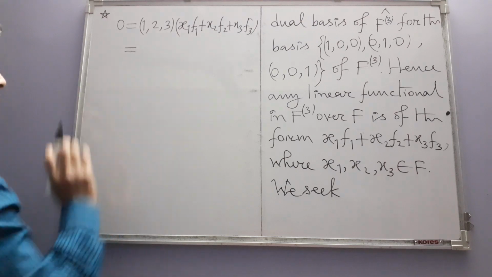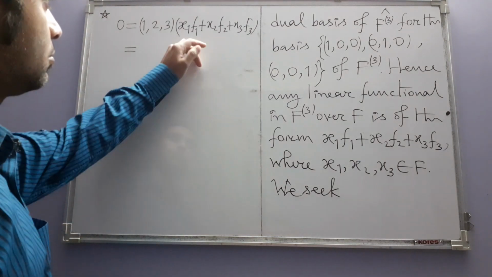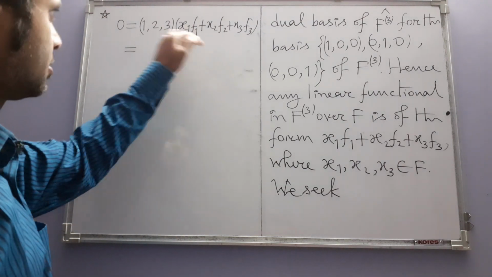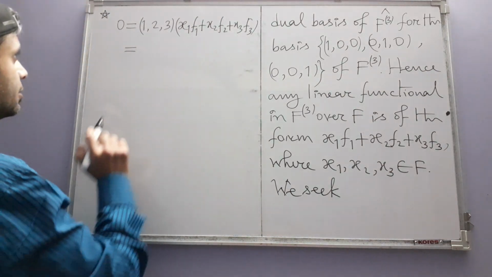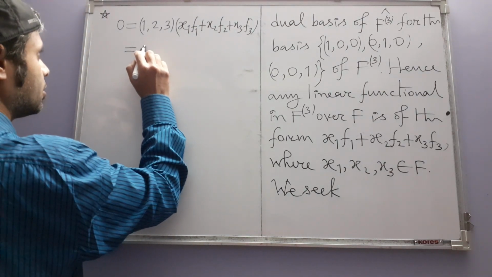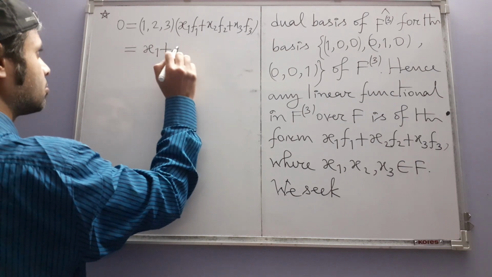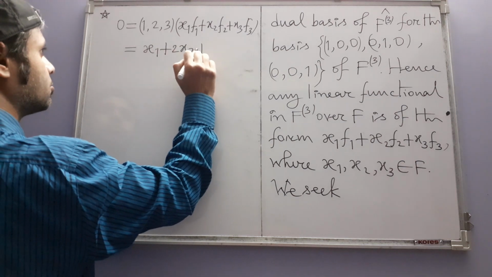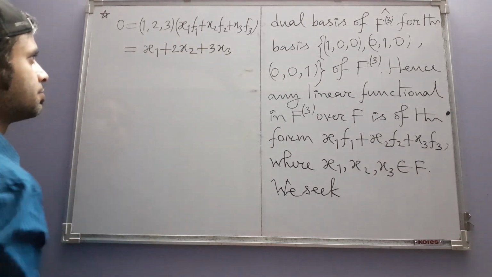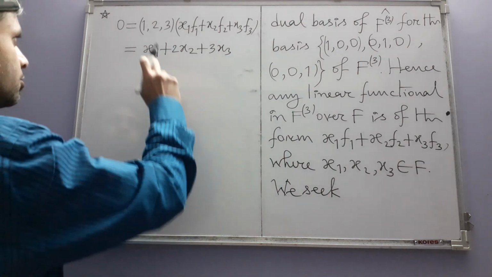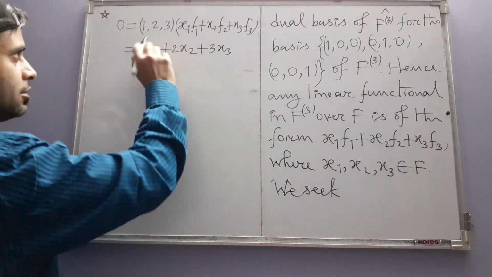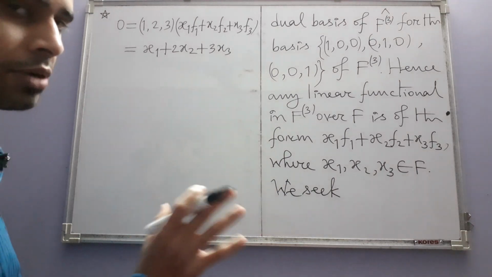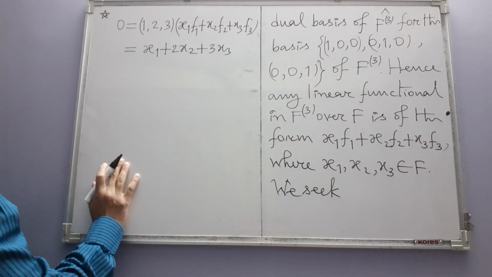But this is the advantage of considering the dual basis, because we know what this thing is going to be, and it's going to be x1 plus 2x2 plus 3x3. To see why, you go back to this dual basis, that part, and then there you will understand.